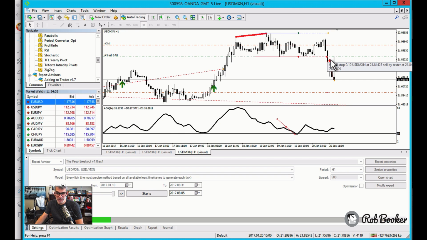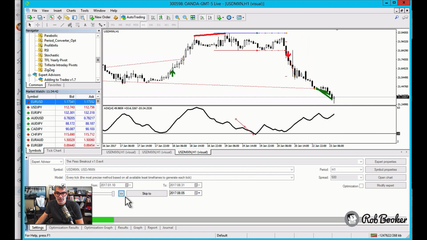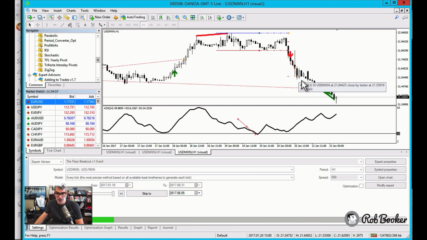And as soon as price dropped outside of that box, it sold the US dollar Mexican peso and took profit already, I think. Yep, there it is. It took a profit at 1.5 times the size of the original box. So the box was this wide, and it looked for a profit target that was that large, plus some additional money. We want our money.